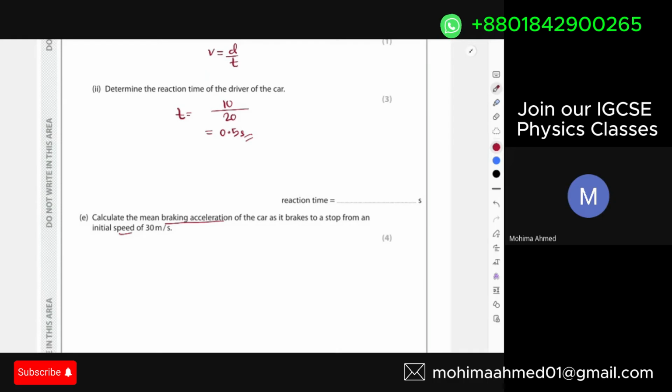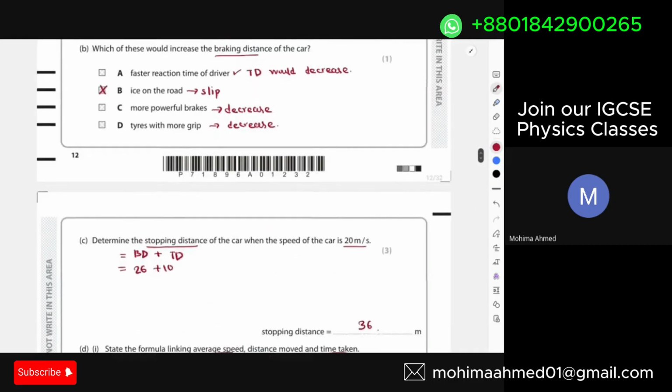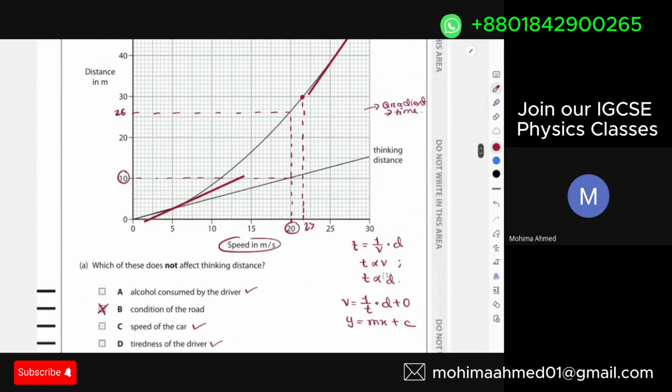Okay, braking distance, right? At 20 meters per second, one braking distance is 26, the other braking distance is 10. So you get 36 meters of braking distance.